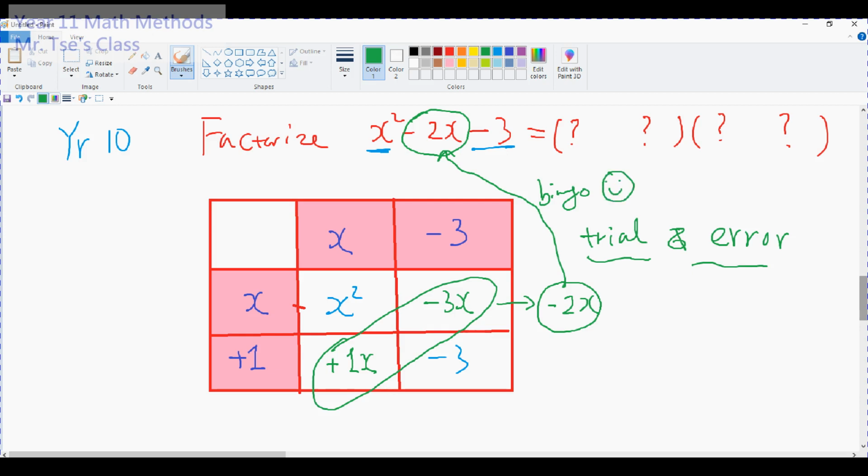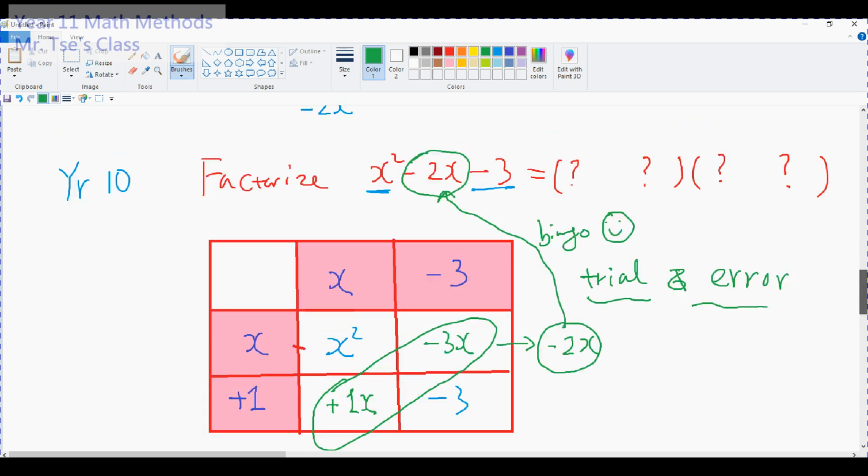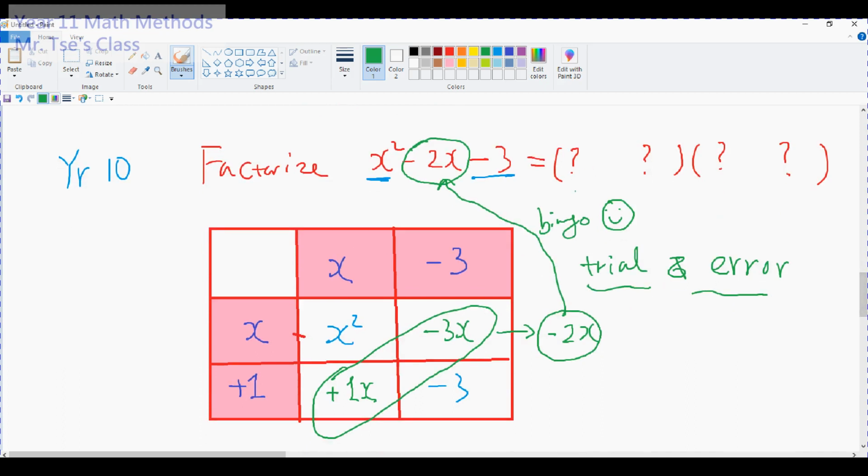So you're happy to get it. That means this is a correct combination, so you know how to factorize them. Let's go back to the original question. You need to factorize and you need to get numbers into it. Right now I know what numbers they should be.